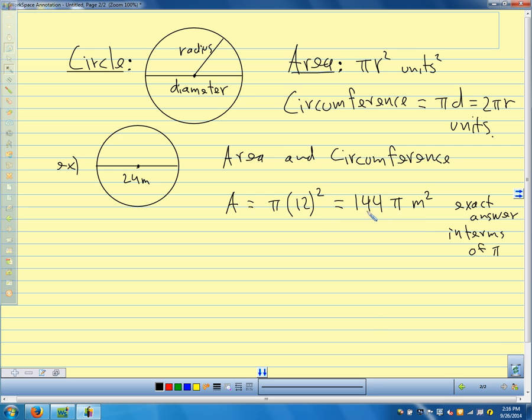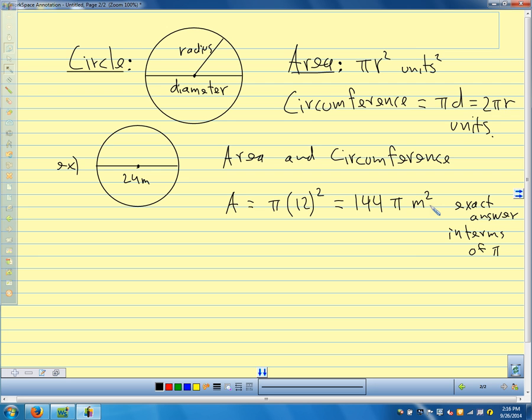So you just write the number times pi. So the exact answer for the area of this circle would be 144 pi square meters. And the reason that's exact is we know that pi is a decimal that goes on forever. It doesn't ever stop, and it doesn't ever keep repeating the same set of digits over and over again. The symbol pi contains all those infinite decimals.